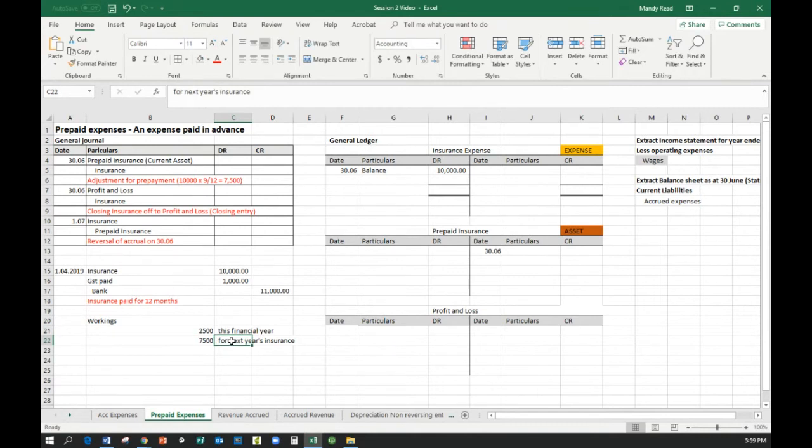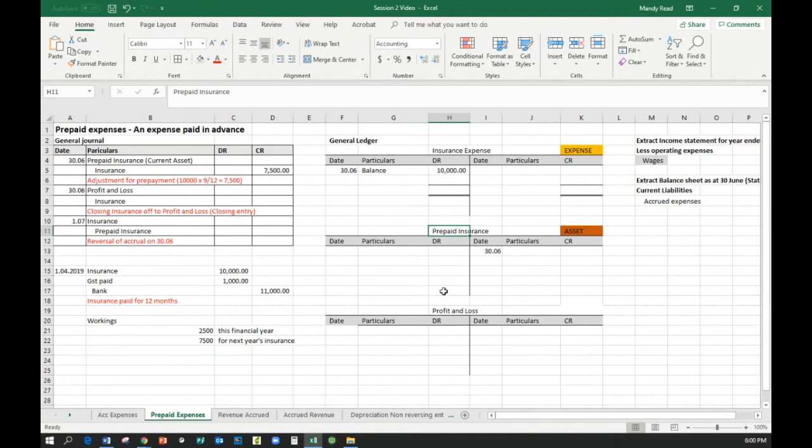So that means we've got to take $7,500 out of our insurance. When we take it out of our insurance, we take it out on the credit side. So we're going to say 7,500 comes out of insurance on the credit side. Where are we going to put it? We're going to put it in a new account that we create, and this new account is called prepaid insurance. And prepaid insurance is an asset to us.